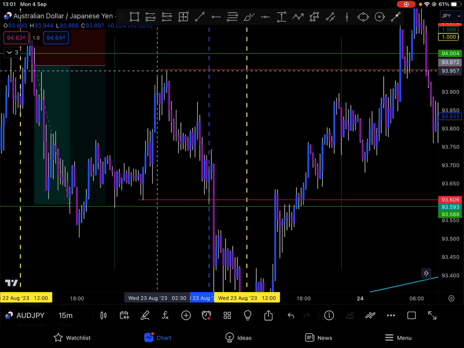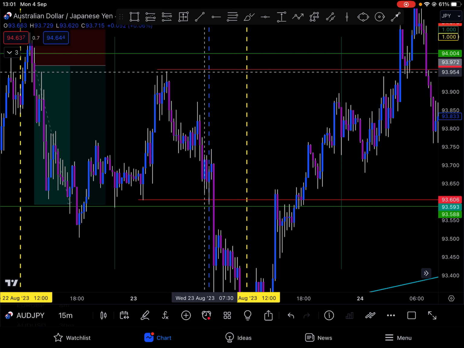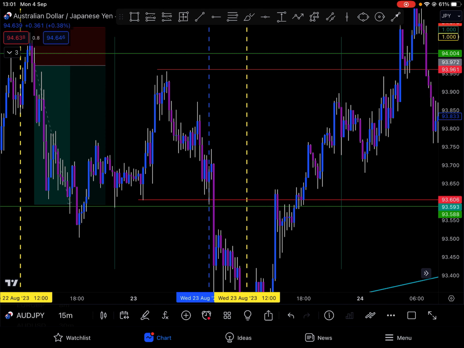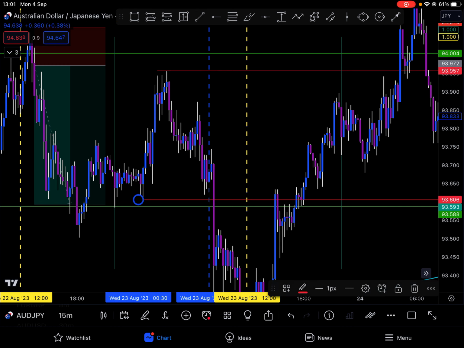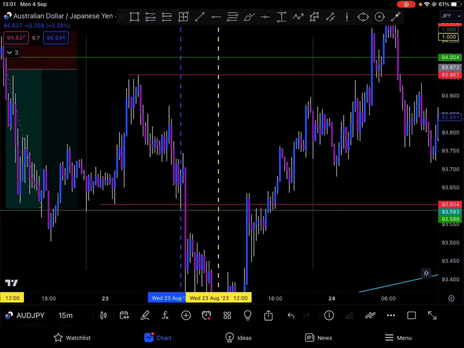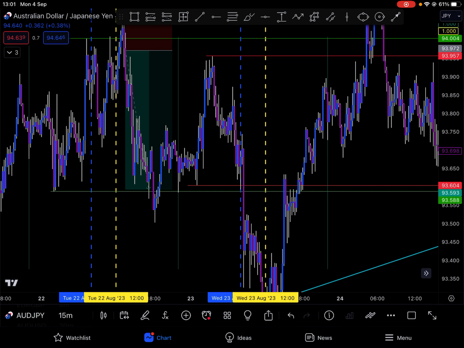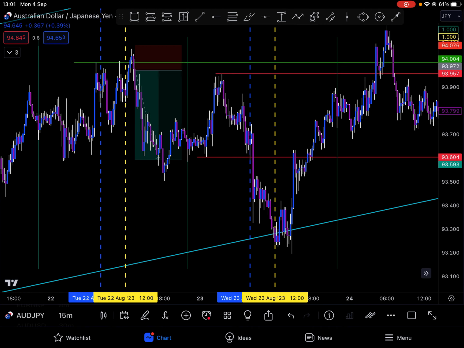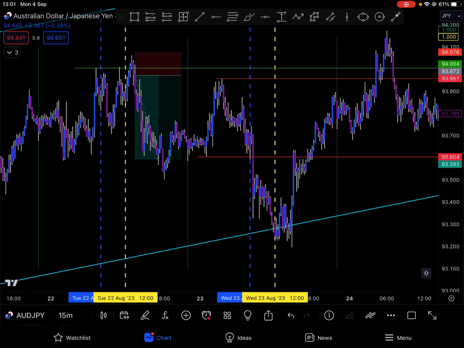So this red horizontal ray is the high of the Asian session for Wednesday, and this one over here is the low of the Asian session for Wednesday. I'm just gonna get rid of this one so you don't get confused. So we're gonna wait for a break either above or below the Asian session.